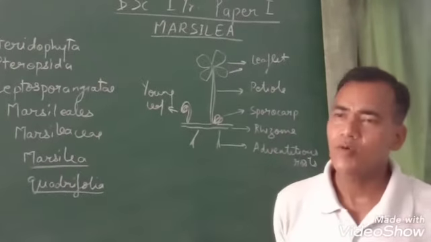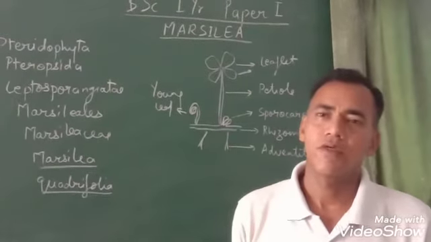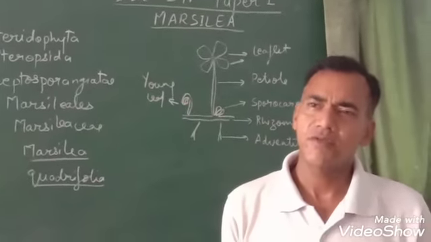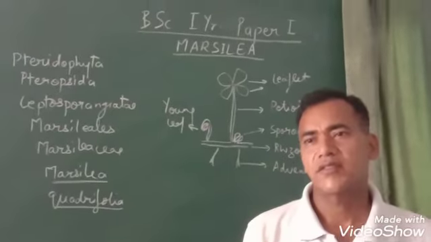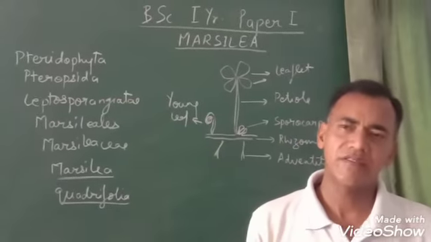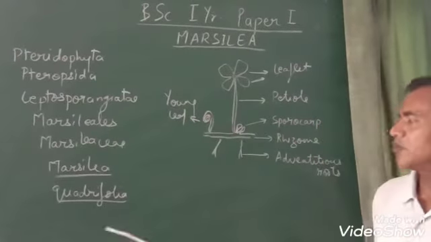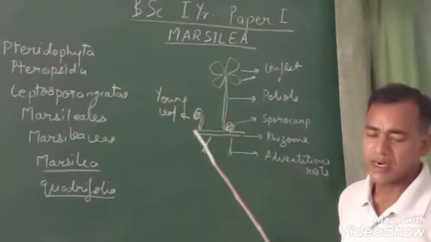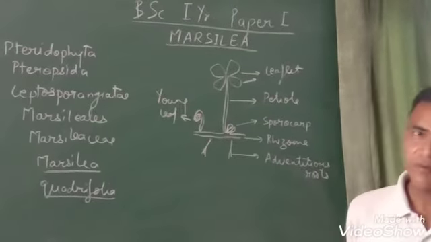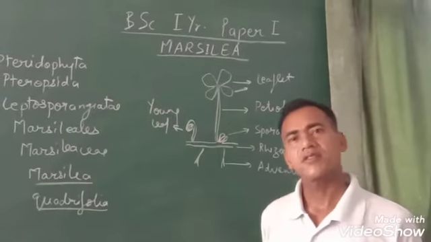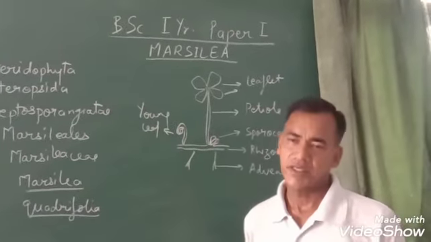In India, about 9 species of Marsilia are known, and it is found in hydrophilous, amphibious and xerophytic habitats. Like this is Marsilia quadrifolia, which is found in water, Marsilia vestia, which is amphibious in nature, and Marsilia rajasthanensis, which is xerophytic in nature.